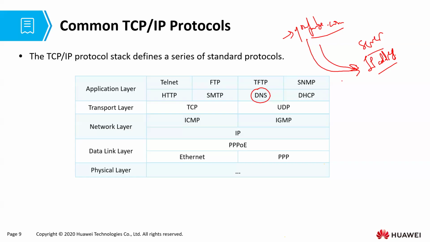When I send emails, you're definitely making use of SMTP. DHCP, IP addressing. TCP, UDP, transport layer protocols: reliable communication for TCP, the other one not so reliable, connectionless as well. The other one, connection oriented.